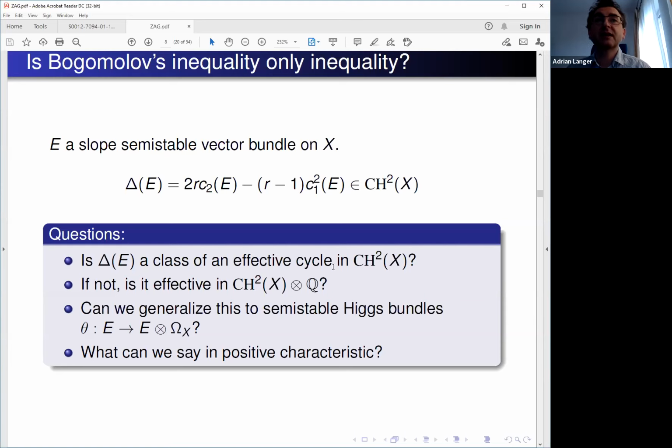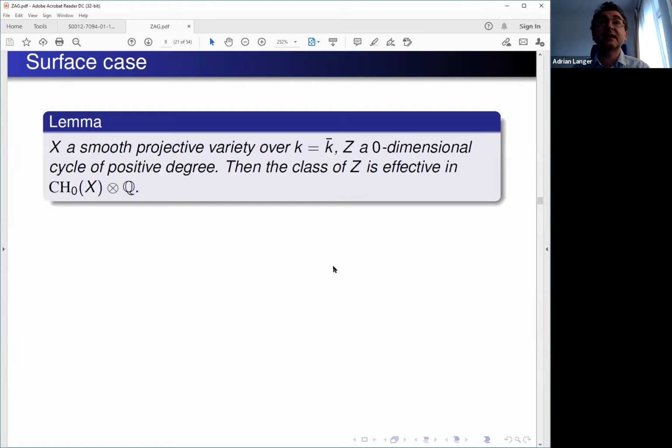There are some questions that one can start asking after that, but the two basic ones are the first and the second. In the surface case, things are sometimes easy.